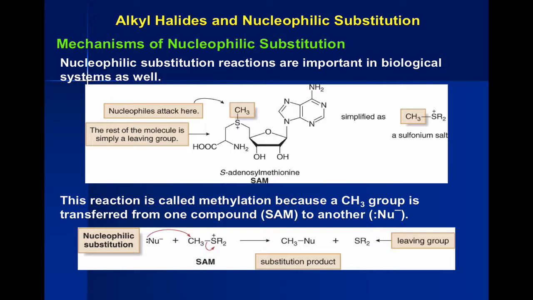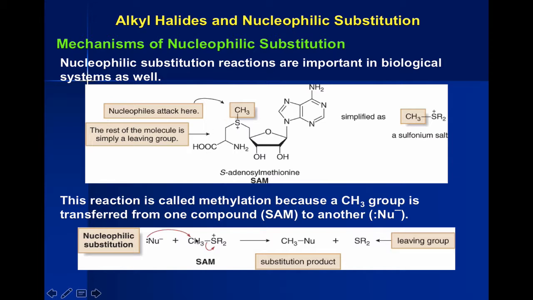Biology just couldn't make methyl iodide, and it's not particularly soluble in the bloodstream, and you would imagine that an alkylating agent that biology needs would have to be water soluble. But S-adenosylmethionine is water soluble, and it is basically a methyl iodide equivalent for biology.